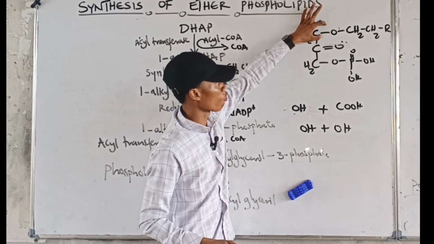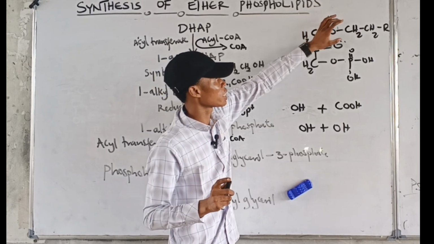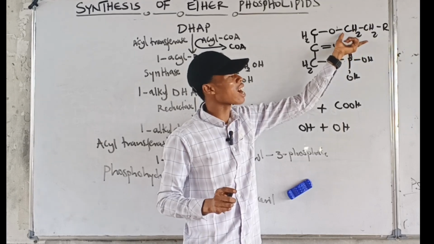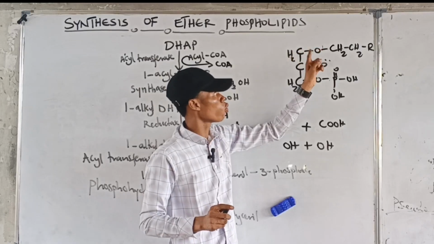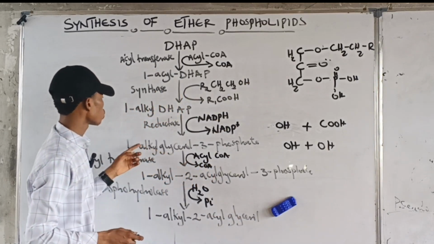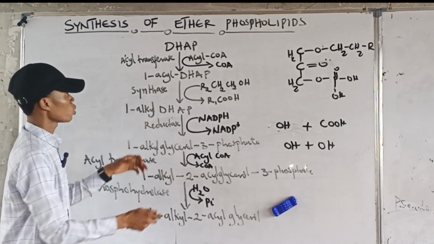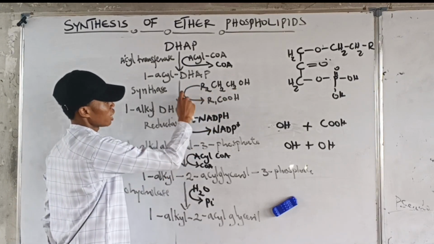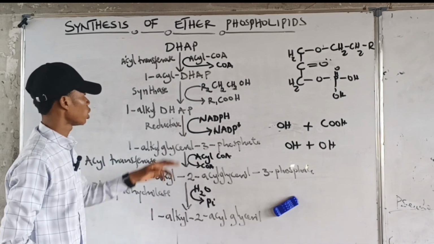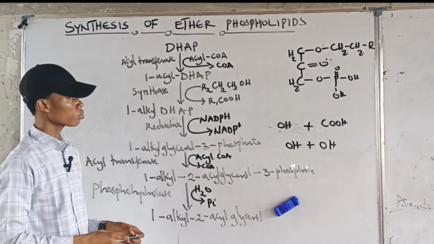Remember this is an alcohol functional group that was here. The first time we attached carboxylic acid, we attached fatty acid. That was how we have an ester. But now we remove that and add an alcohol, because alcohol and alcohol will give us ether functional group here. So that was why we have this ether. It is no longer 1-acyl, but now 1-alkyl. So take note that alcohol is coming in and displacing the fatty acid we added in the first step, in the first position.